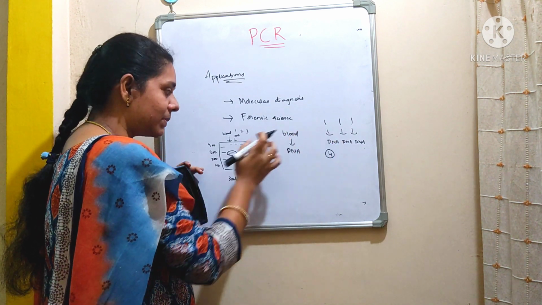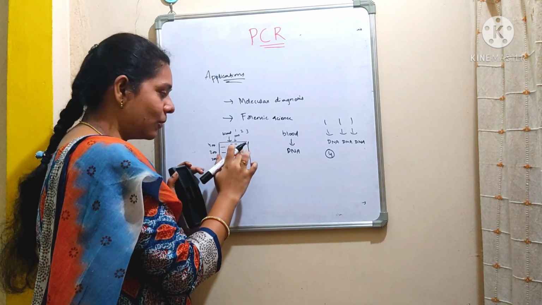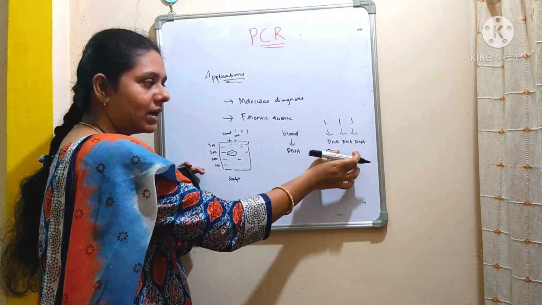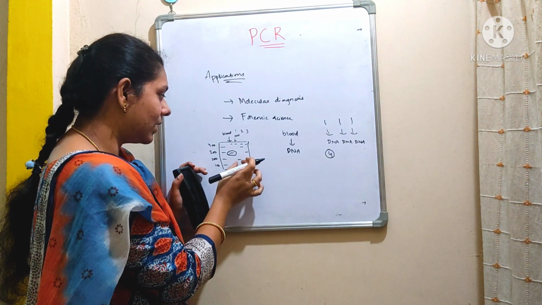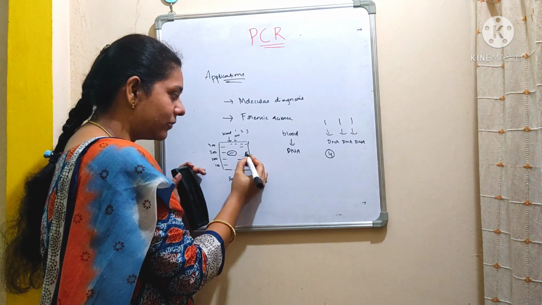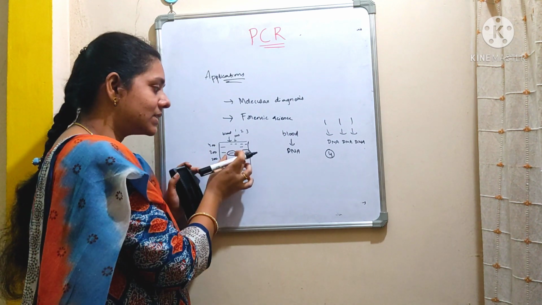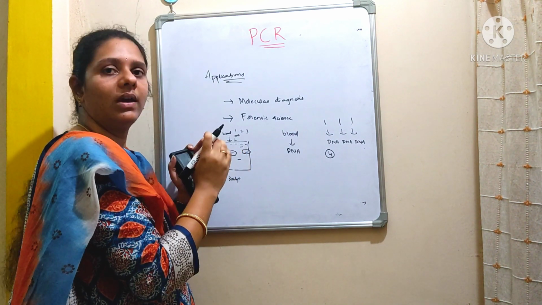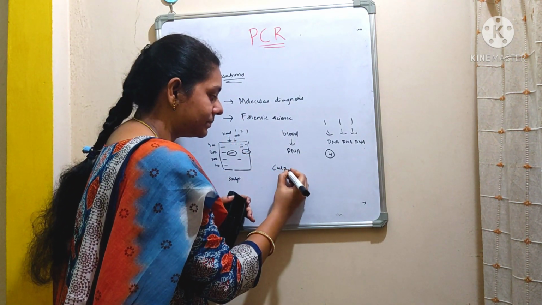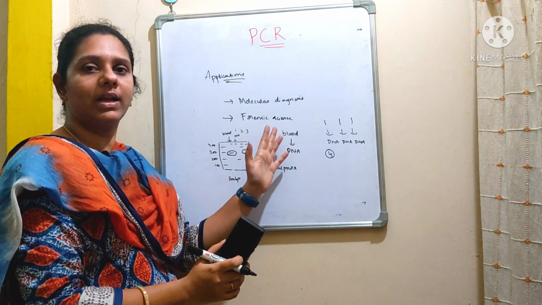And the DNA from suspect 1 has a length of 400 base pairs, whereas suspect 2 has DNA, again collected from the blood sample, with a length of 200 base pairs. And coming to the third person, observe carefully here, this band is matching with the DNA that is collected from the blood. In this way, this method is used to find the culprits. That is the application of PCR in the field of forensic science.